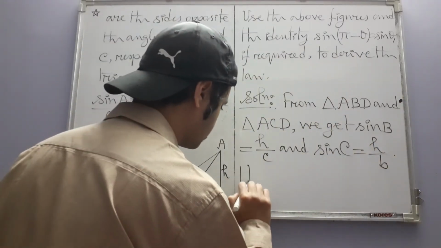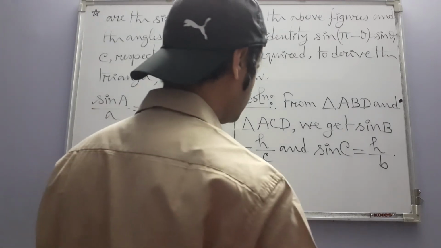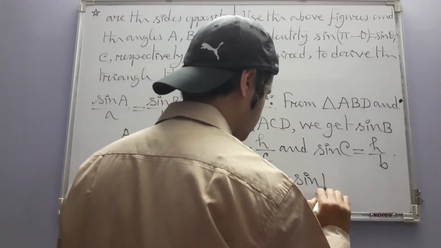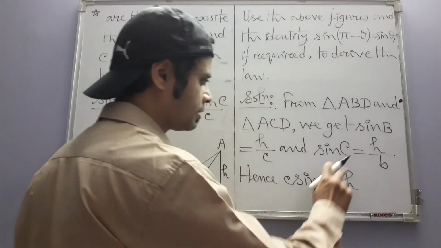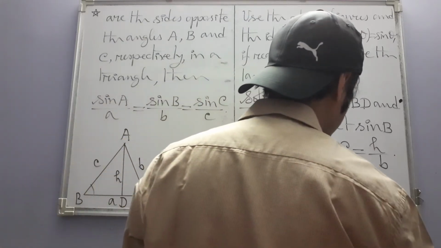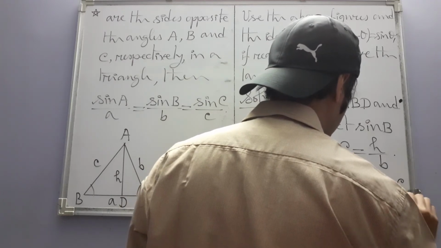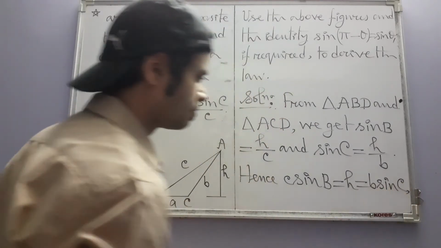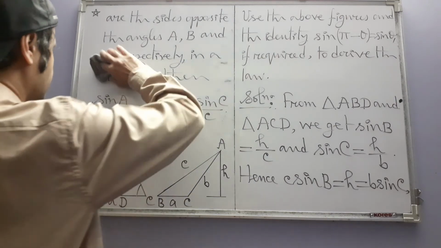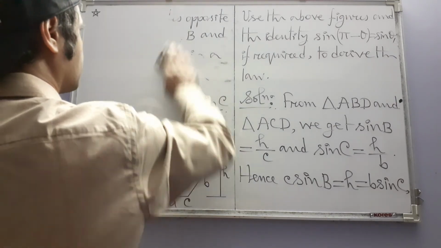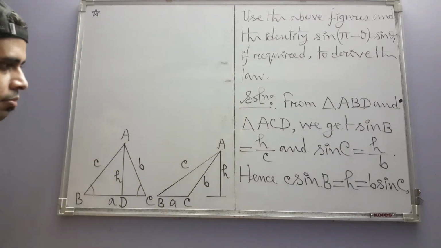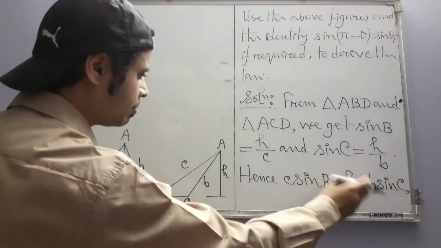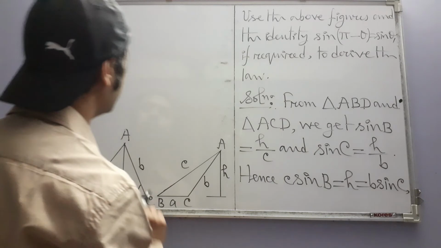Hence, we get this: c sine B is equal to h, but at the same time from this second equation, h is also equal to b sine C, or sine B divided by b is equal to sine C divided by c.